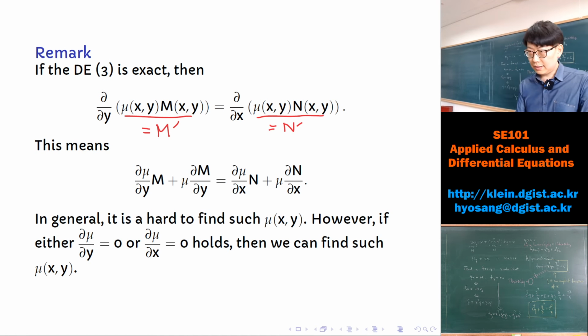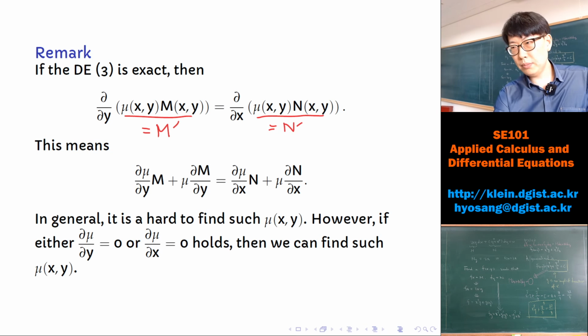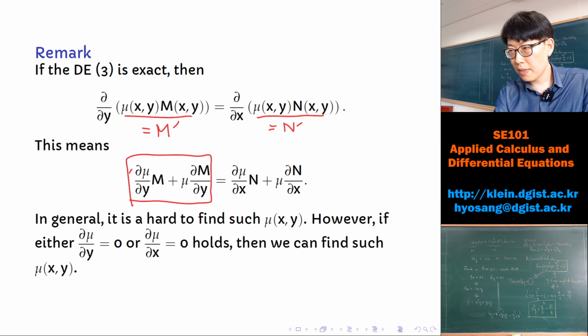So if it's exact, then the if-and-only-if condition tells you that the partial of M prime in y and the partial of N prime in x are equal. When you take a derivative of this product, you can use the product rule. First, take the partial derivative of the first factor, mu, and then the second factor. So that's the left-hand side of this equation. And you can do similarly for the right-hand side.